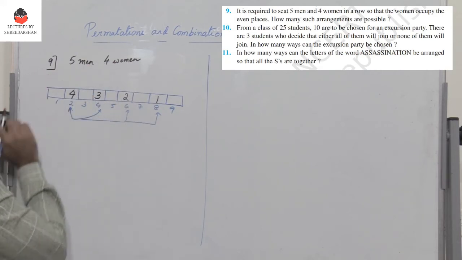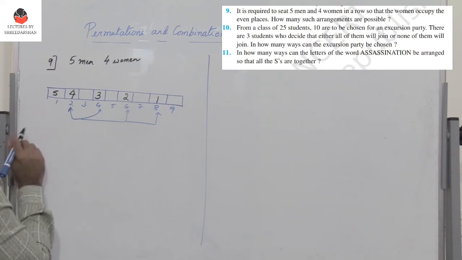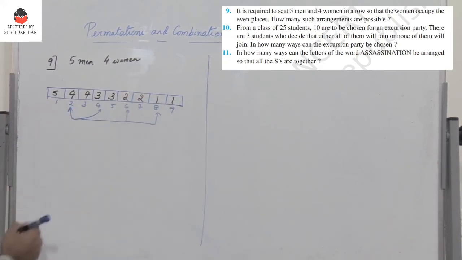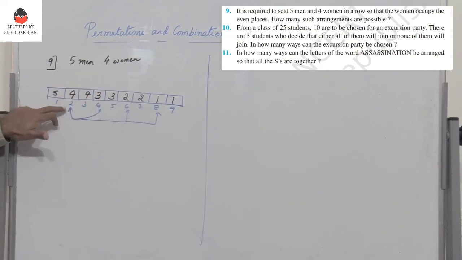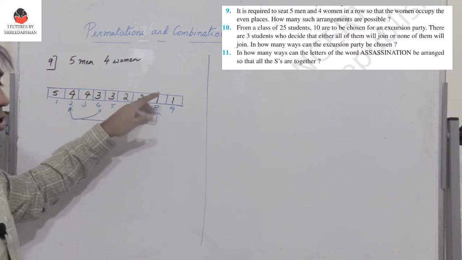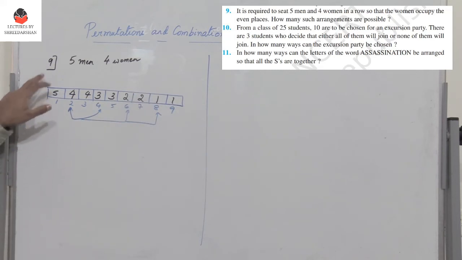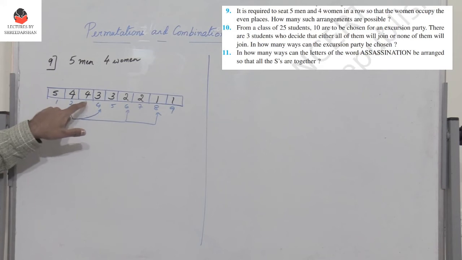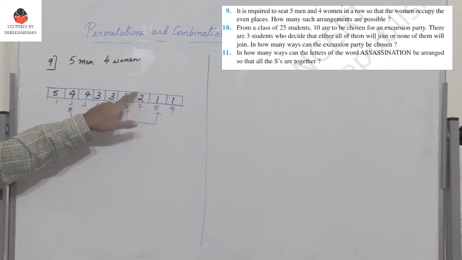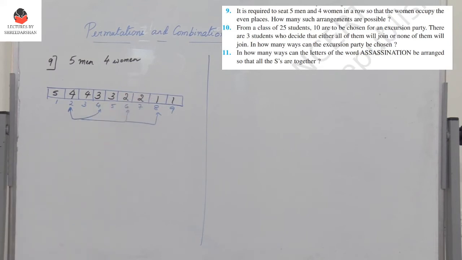For position 2 I have 4 ways, position 4 I have 3, position 6 I have 2, and position 8 I have 1. And the 5 men, for position 1 you have 5, for 3 you have 4, for position 5 you have 3 ways, for position 7 you have 2 ways, and position 9 you have 1 way.